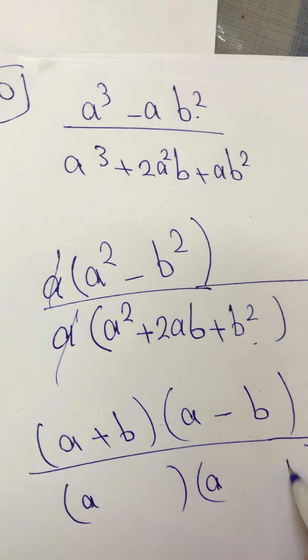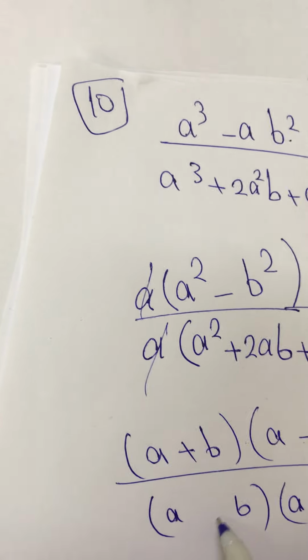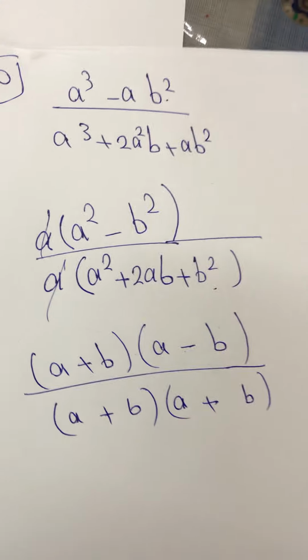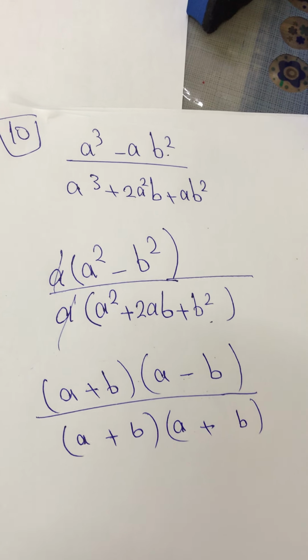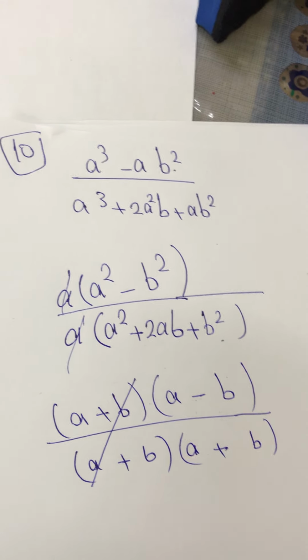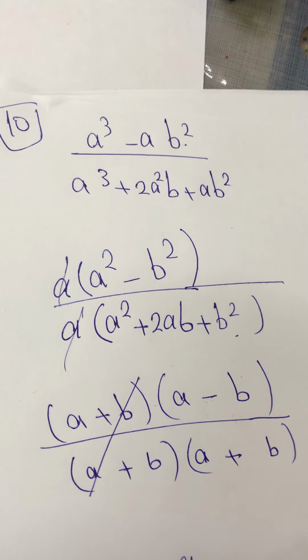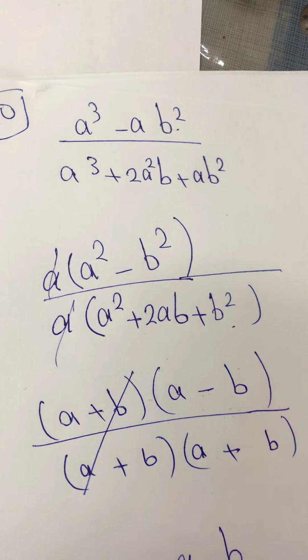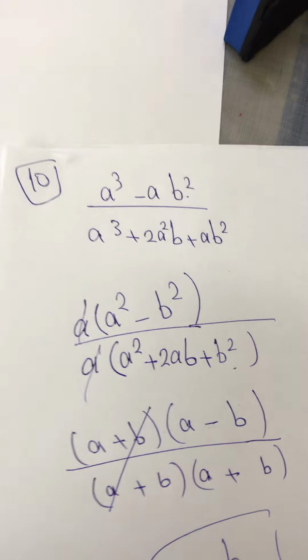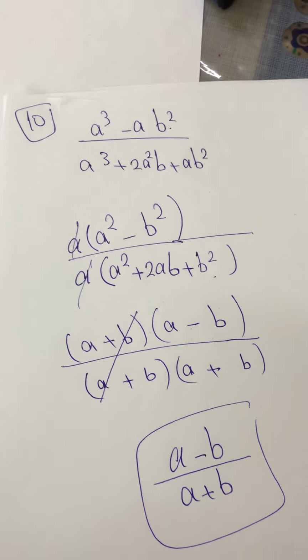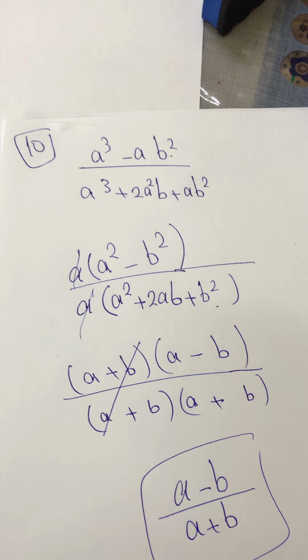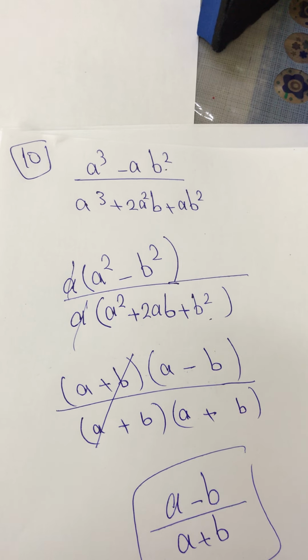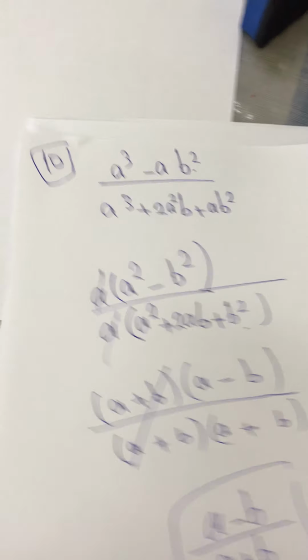B square comes from b times b, and here positive, so it will be like this. Cancel a plus b with a plus b. What's left? a minus b over a plus b, and this is answer number 10. Exercise 1 star, page 363.